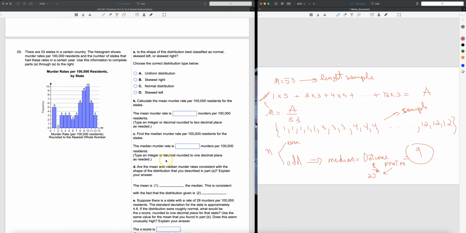So it makes sense that the mean is lower than the median, and in here you need to say that yes, it's consistent. The mean is lower than the median, and as a consequence, it is consistent, okay? So that's what I want to tell you. This histogram is skewed to the left. Okay, well, this is what I want to comment on in this exercise, guys. Thank you.